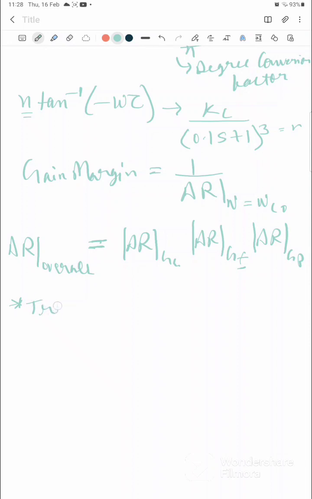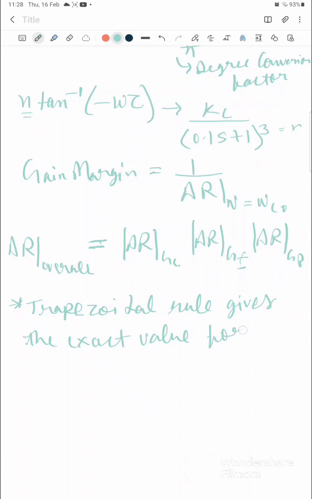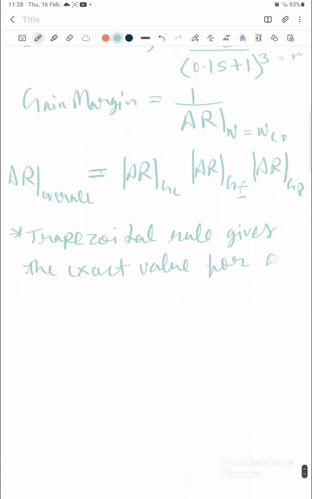We know the trapezoidal rule gives the exact value for a first order linear function.